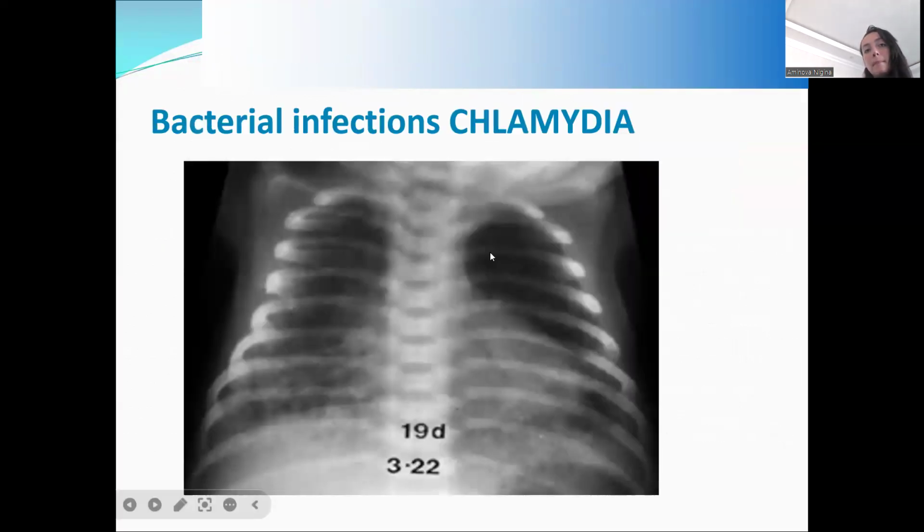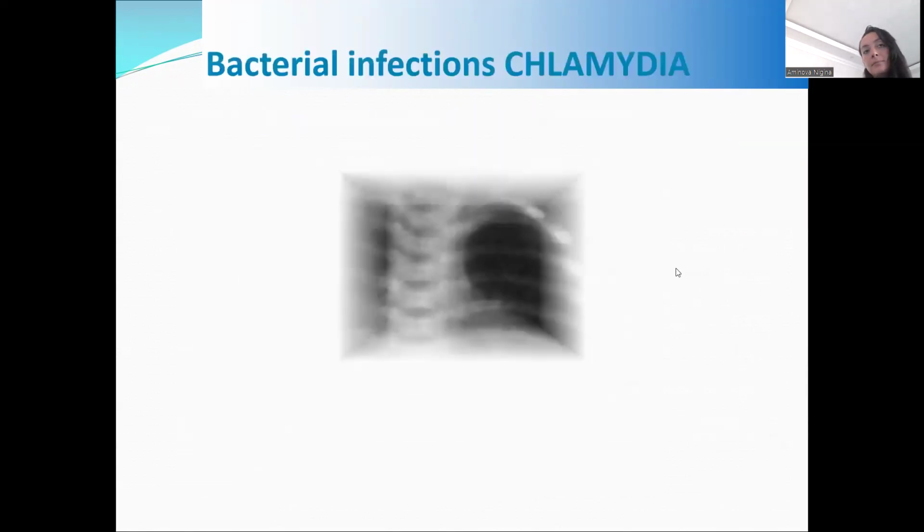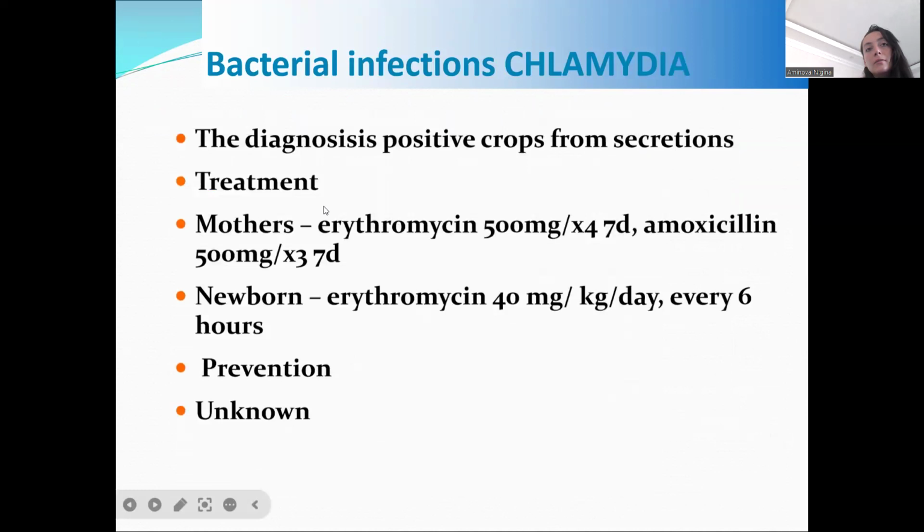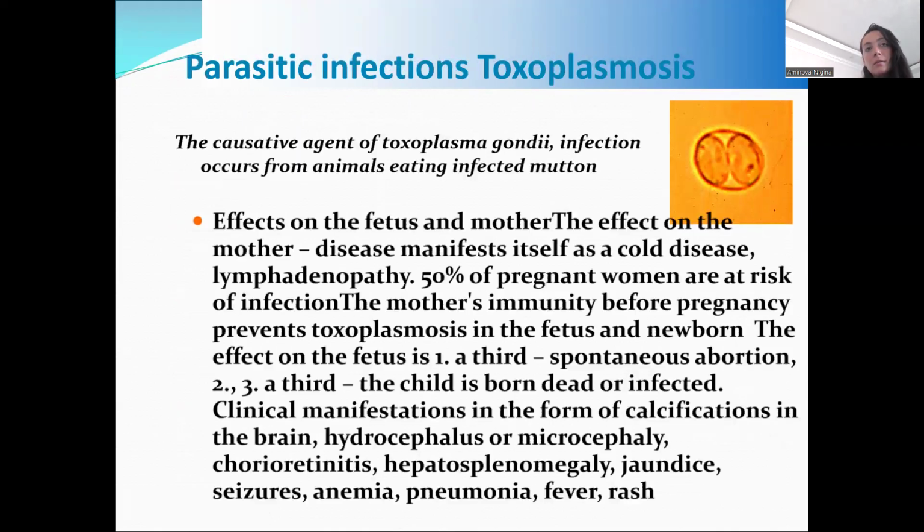You can see atypical pneumonia, characteristic of chlamydia. And diagnosis is positive in secretions. And what about treatment? For newborns, erythromycin, 40 mg per kilogram every 6 hours.